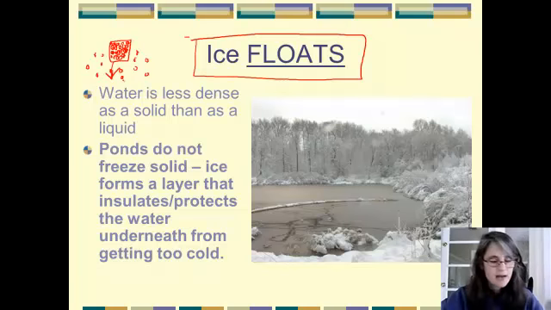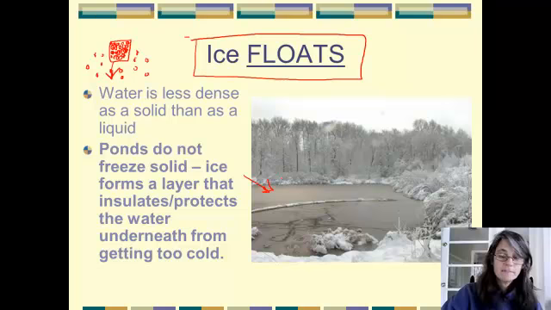Water is exactly the opposite. Anybody that's ever dropped an ice cube in a glass of water or has skated on a pond that is frozen like this one knows that the ice is going to be on top, not down at the bottom.